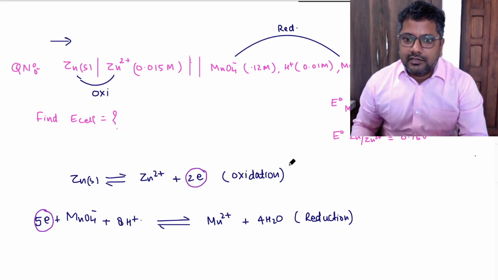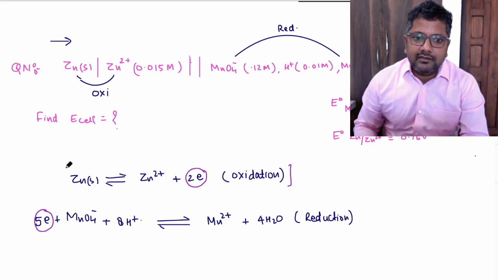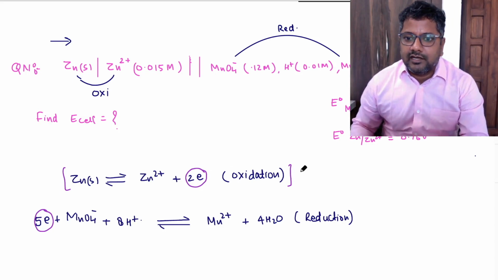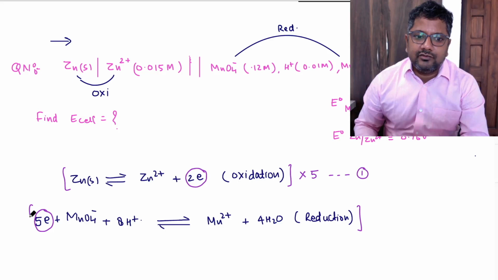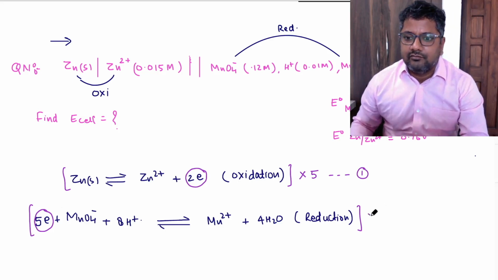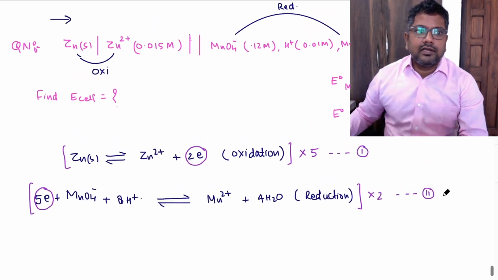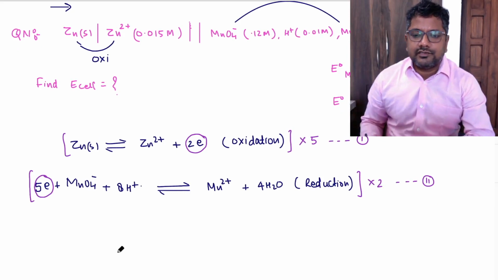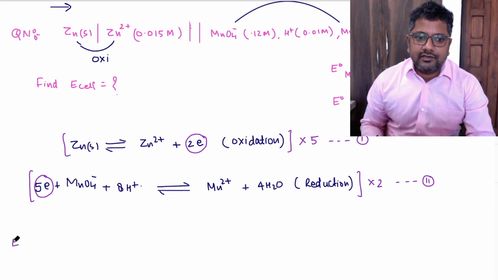You should multiply equation 1 with 5, and equation 2 with 2, because E naught will not change. Now you can add these two equations, equation 1 plus equation 2.